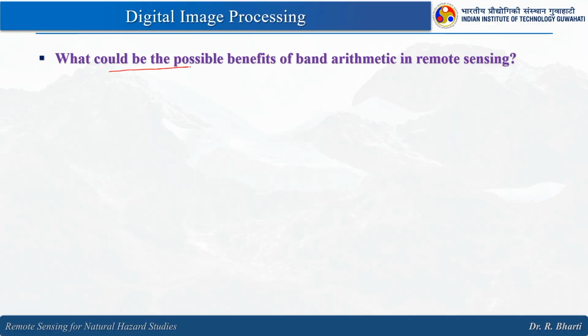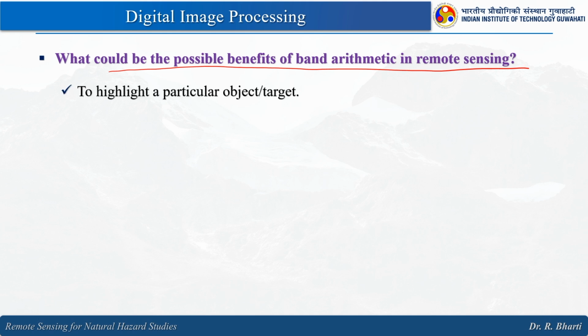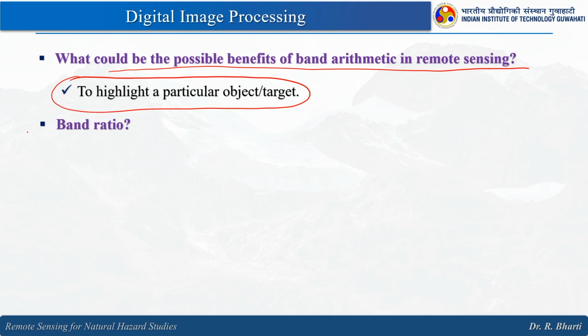There are a few questions that we need to answer, then your doubts will be clear and you will understand more about digital image processing, especially band arithmetic. What could be the possible benefit of band arithmetic in remote sensing? Why do we do that? The answer is to highlight a particular object or target, right. What is a band ratio? Band ratio is like other operations such as difference and addition. Ratio is also one of the options that we can perform.